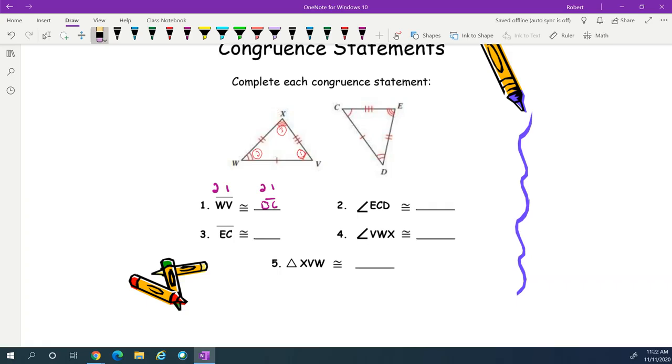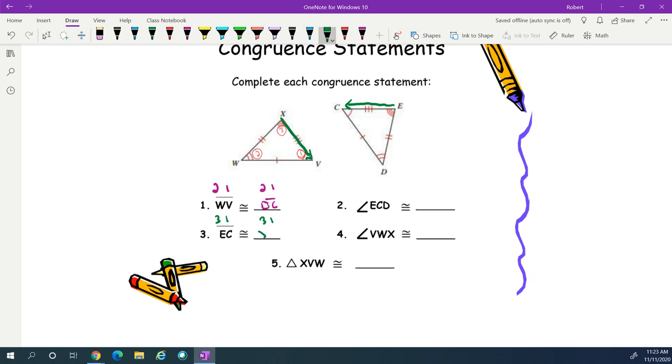Let's look at another. I'm gonna do number 3 next. Let's just do both segments and then we'll do both angles. EC. So that's over here. E to C. That looks like 3 to 1. Well, I'm going to match that 3 to 1. 3 to angle 1.